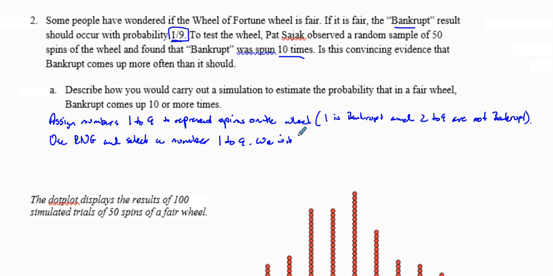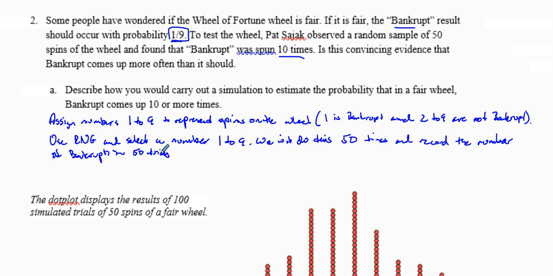We will do this 50 times and record the number of bankrupts in 50 trials. So essentially, the number of bankrupts, which is number 1, in 50 trials.